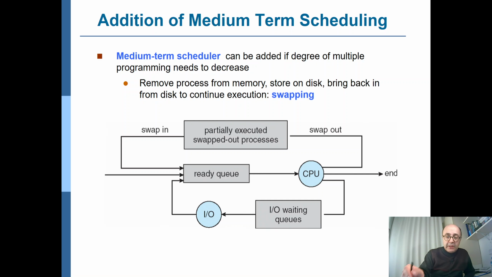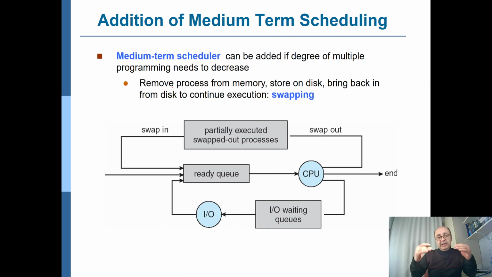So if you look at this diagram, the second part, the lower part of the diagram, starting from the ready queue, CPU, I/O waiting queues, and I/O, that part is what we already discussed.